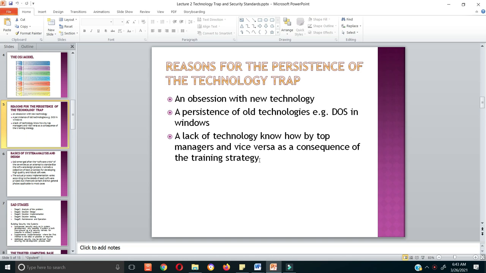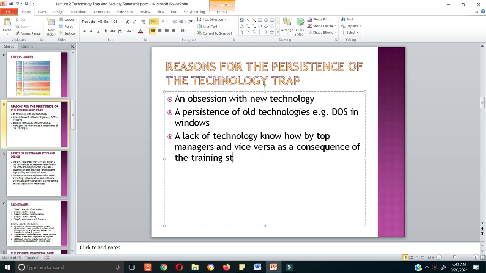But I would like to point out that if you look at the third point, a lack of technology know-how by top managers, it sort of overlaps the first 2 points. An obsession with new technology, because the point with new technology we said is that you might introduce unforeseen vulnerabilities.